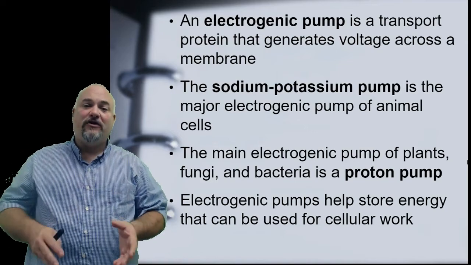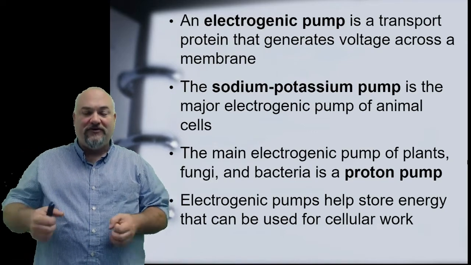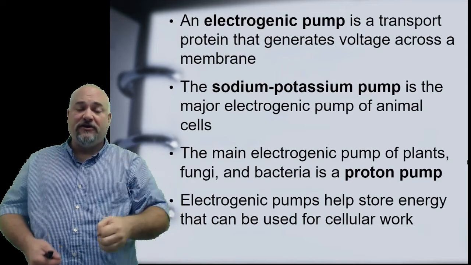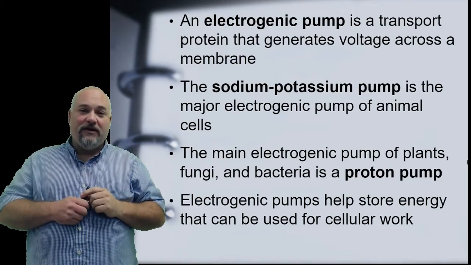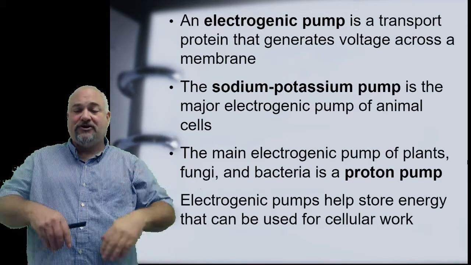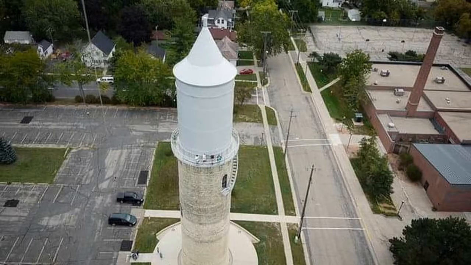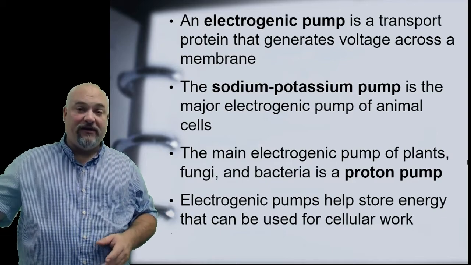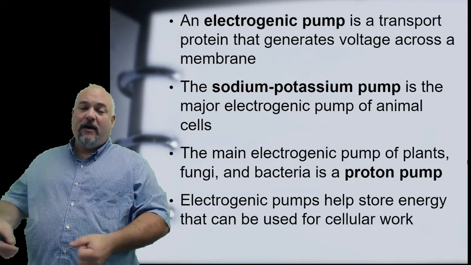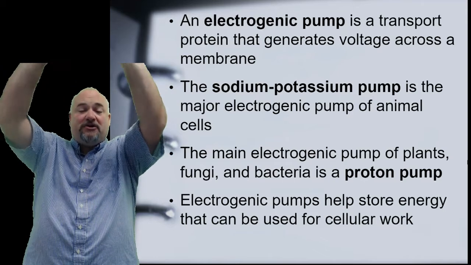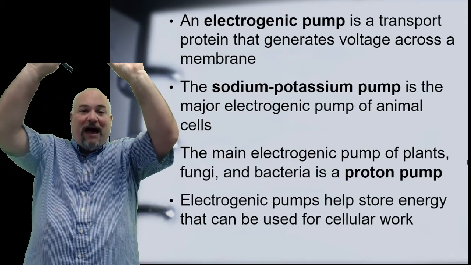So this is how we do it. We spend our time in between electrical impulses pumping sodium out, potassium in, and that way when we need to generate the electricity, all we got to do is open up a protein channel, and it rushes through and generates the electricity. It's kind of like going back to that water tower example before, right? We spend our time in between, when the fire department needs to hose down a fire, pumping water slowly to the top of the water tower, building up a huge amount of potential energy in this water way up high.